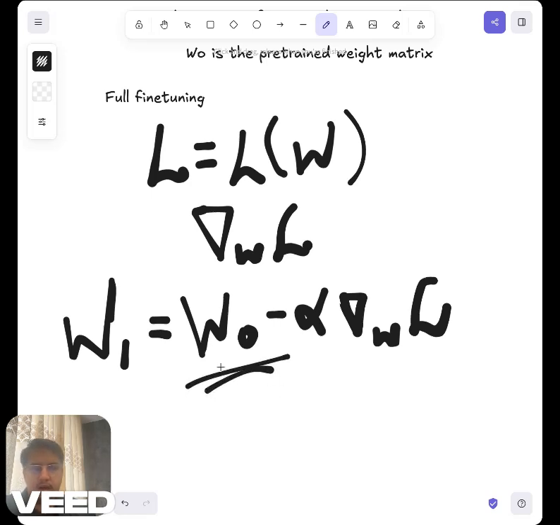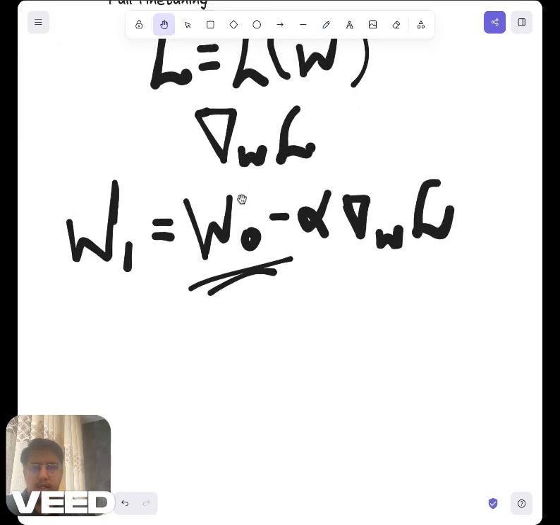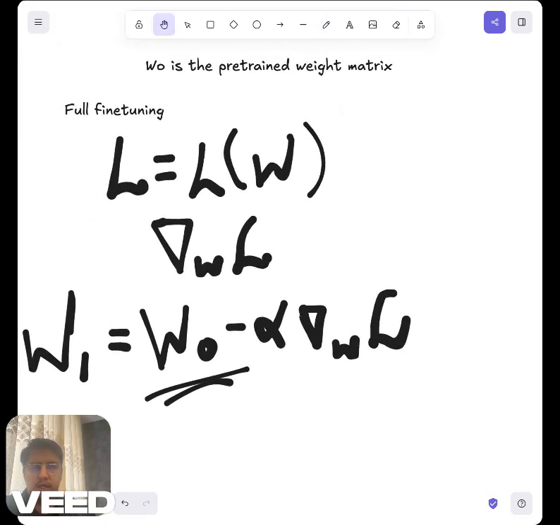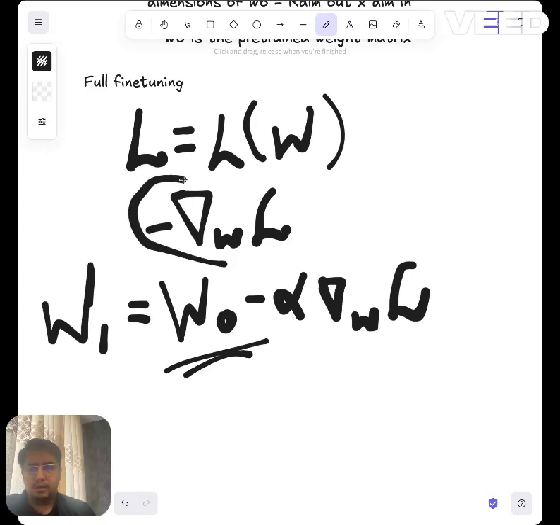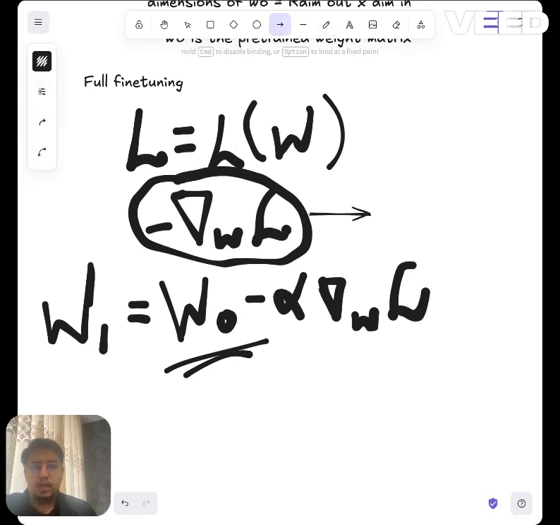This is the update direction. And in terms of what we see from the update directions here, it's pretty evident that minus delta W of L becomes the update direction.